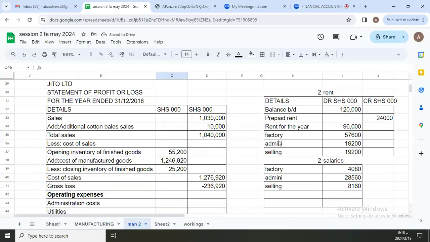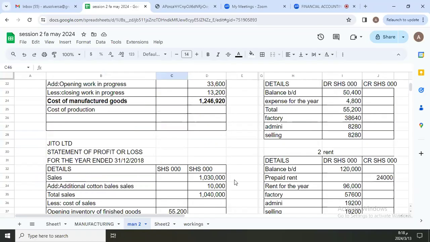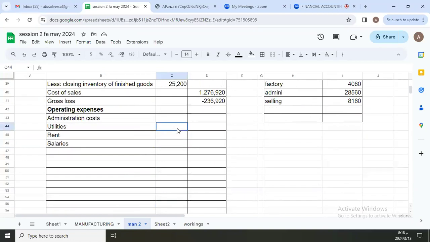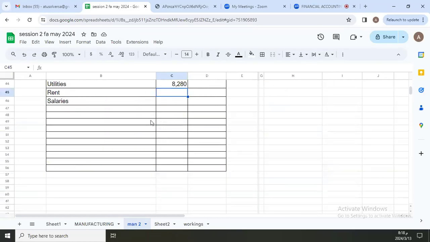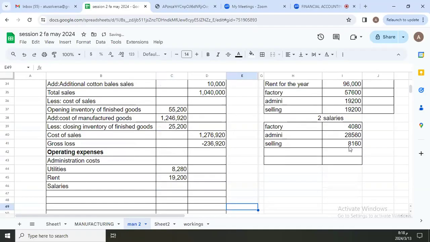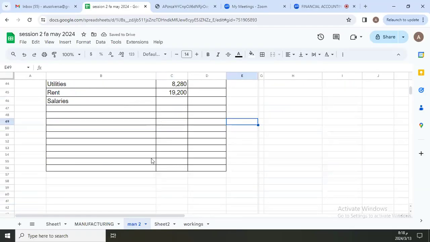How much do we have in rent, in utilities? 8280. I put here my 8280. What do we have in rent? 19200. And lastly, in salaries, it is 25,88560.